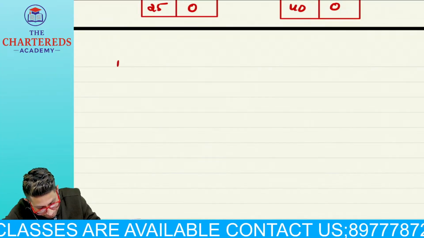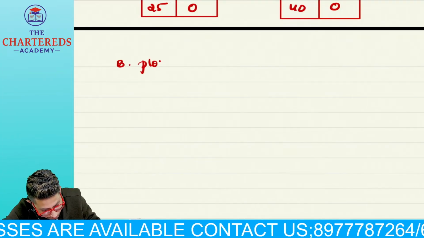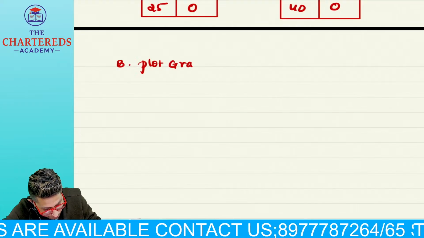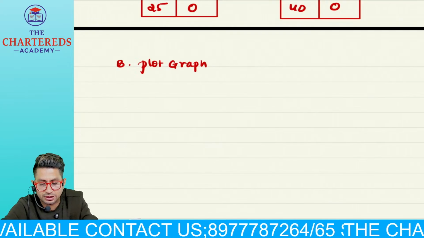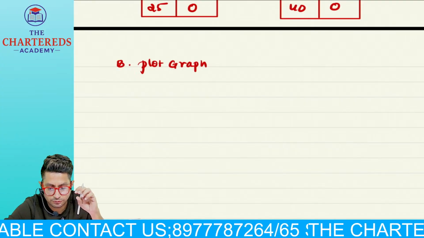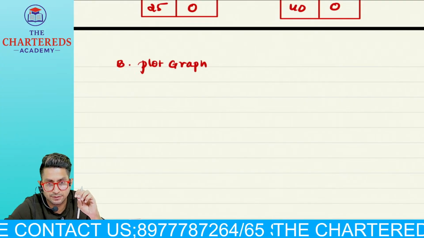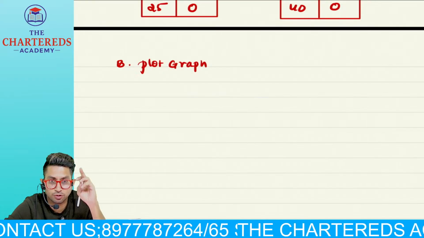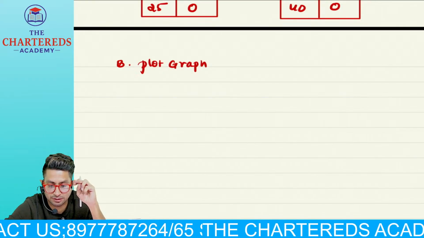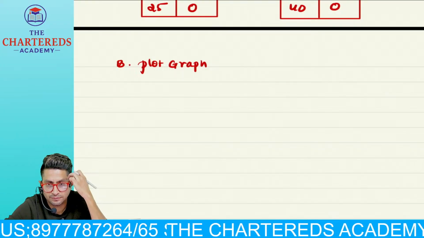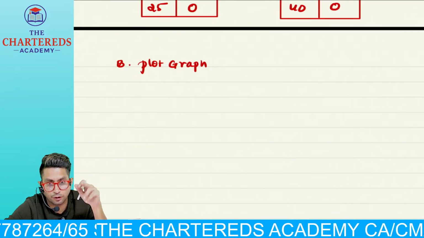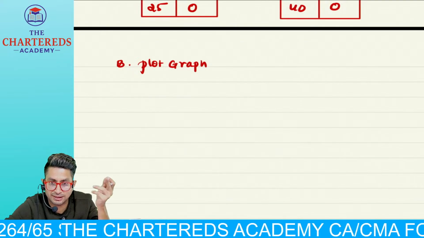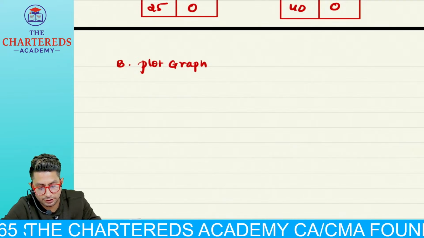Check the question and tell me, what is the minimum amount? 0, right? For x1, the minimum is 0 and the maximum is 40, and x2 maximum is 50.